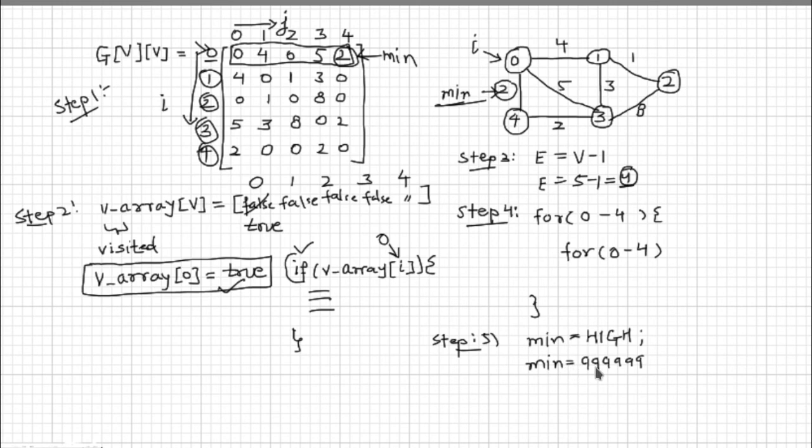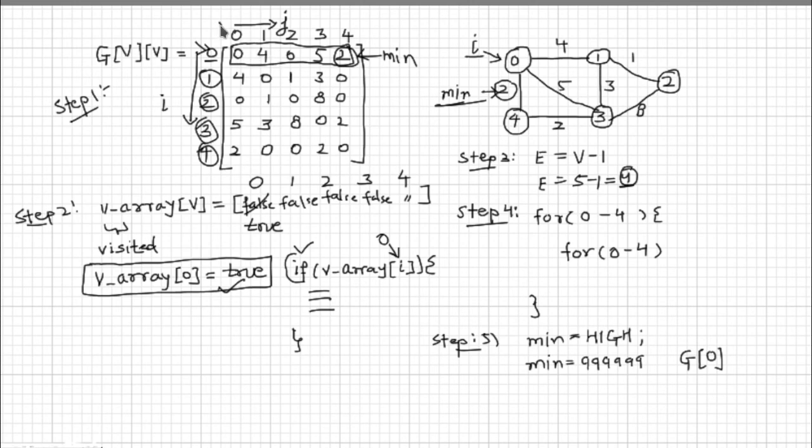Now we are going to compare this value with the g of i comma j position. We are now currently at the 0th vertex, so the value of i is 0. Now we are concerned with the j position, it will start from 0 and it will end at 4.